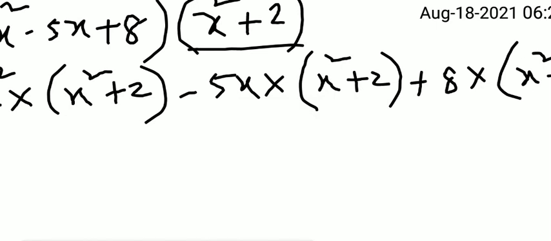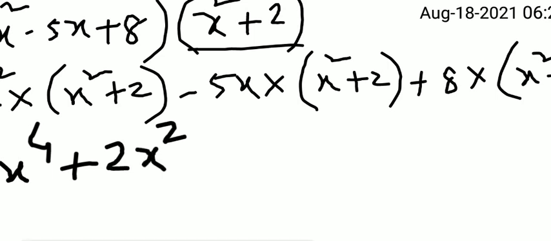Then students, give an equal sign. Here x square and x square just multiply. What will you get? You will get x to the power 4. Then x square multiplied with plus 2 will be plus 2x square. Okay.